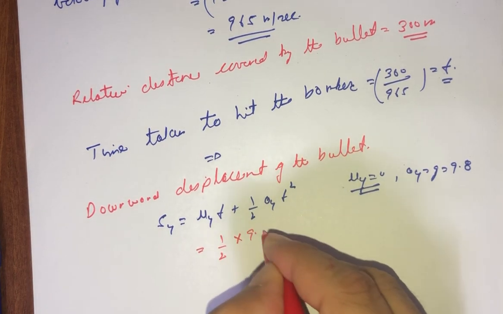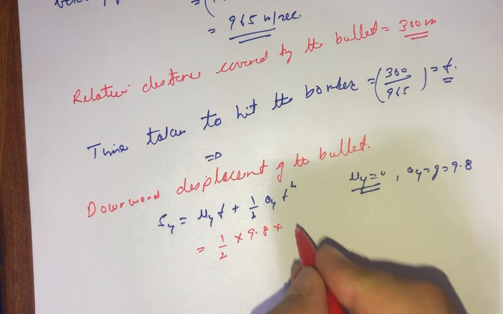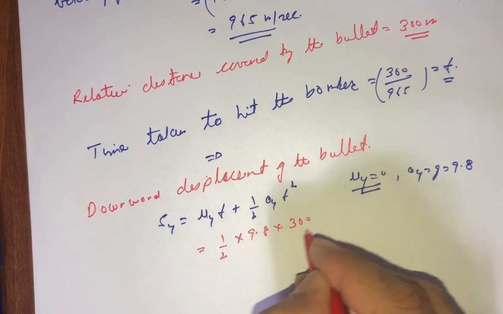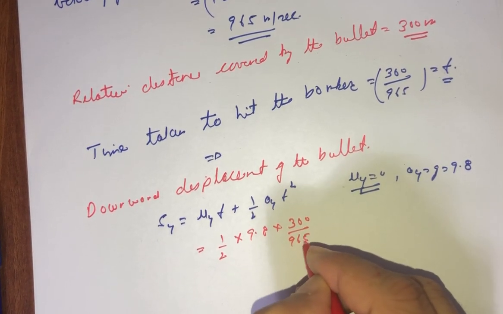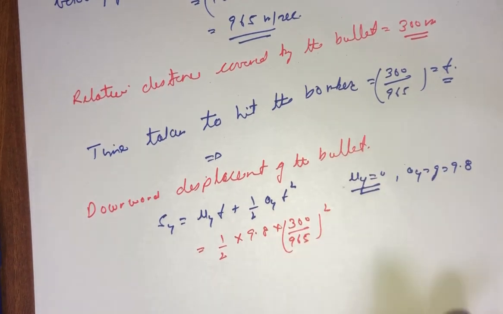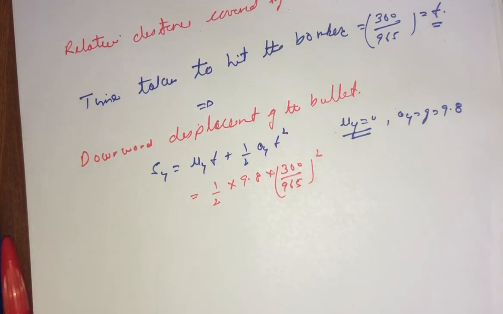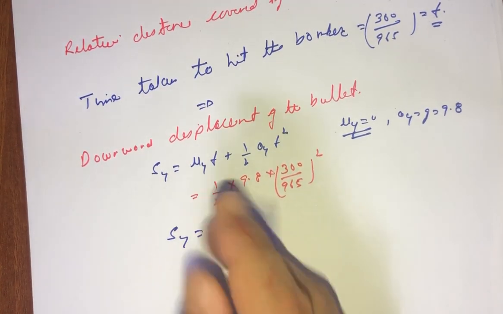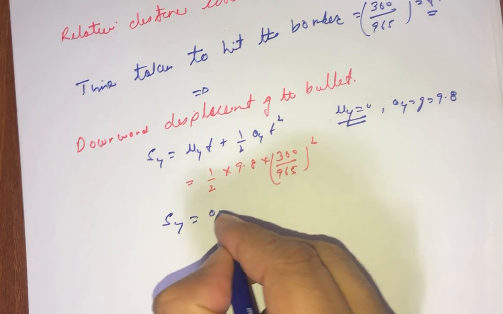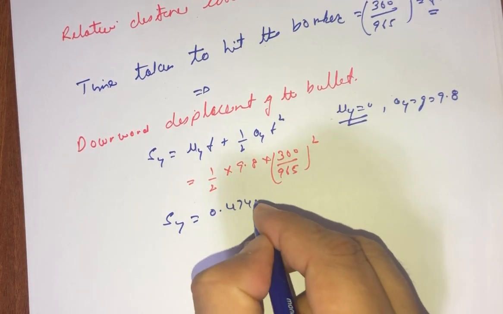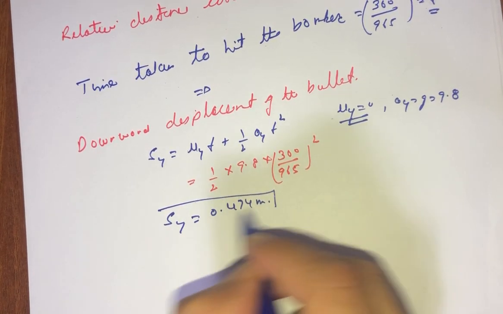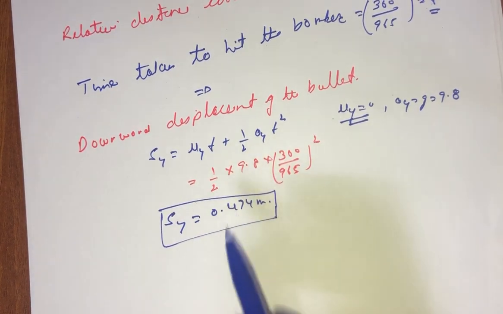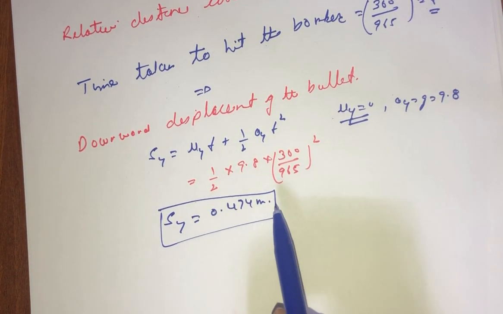So this will be 9.8 multiplied by time, that is 300 divided by 965, and its whole square. If we solve this, we get Sy is equal to 0.474 meters. So this is the distance below the line of sight.